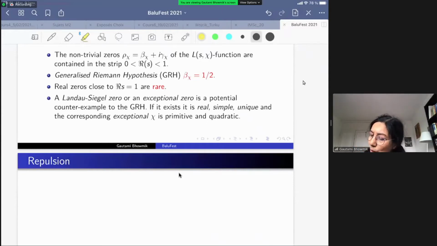Okay, so if it does exist, then how does it behave? Then it is real. It comes once. It's unique, and it is one possible exception to the generalized Riemann hypothesis. So there could be other exceptions.